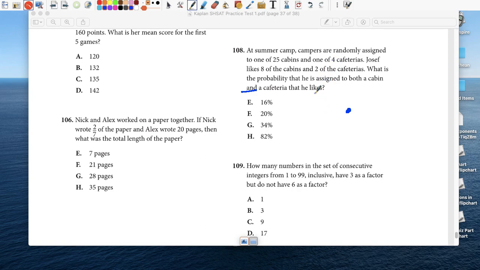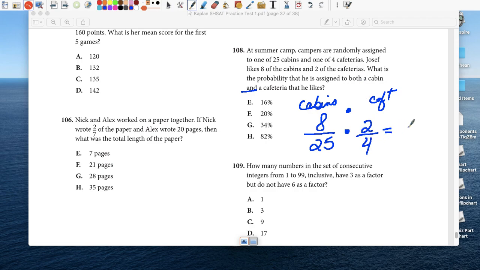So let's start with the cabins, and then the cafeteria. The probability that he gets a cabin that he likes is 8 out of 25, times the probability that he gets one of the cafeterias that he likes, which is 2 out of 4.